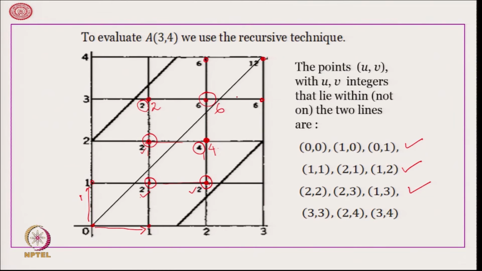And since from here we can come to this point in only one way, the total number of paths to this point from the origin is 6. Similar logic, number of paths to come to this point is also 6, and therefore, the total number of paths coming to this point being strictly within this region is 12.